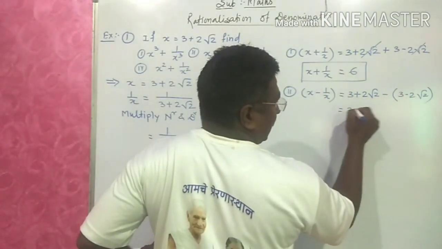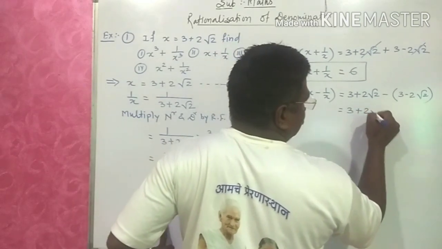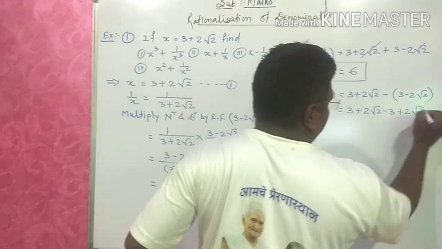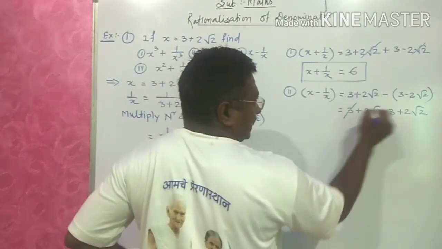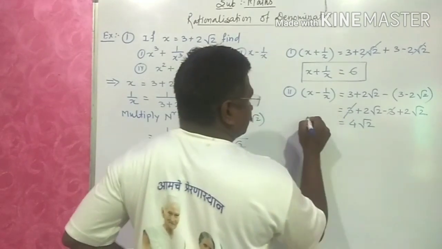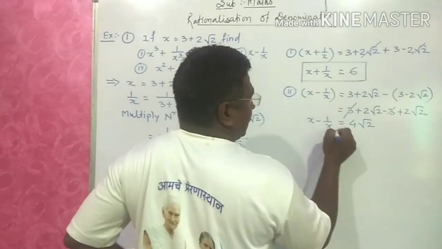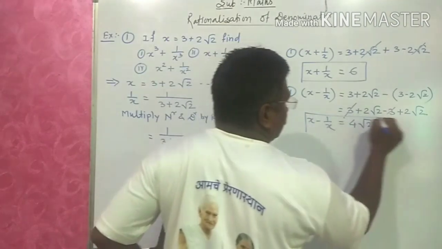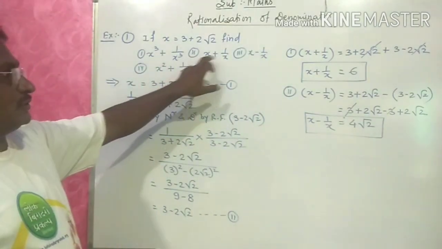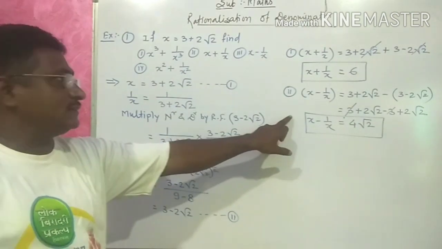Now simplify. 3 plus 2 root 2 minus 3 plus 2 root 2. 3 minus 3 cancels. So what we got? 4 root 2. So x minus 1 by x is 4 root 2. So second and third we got the answer.